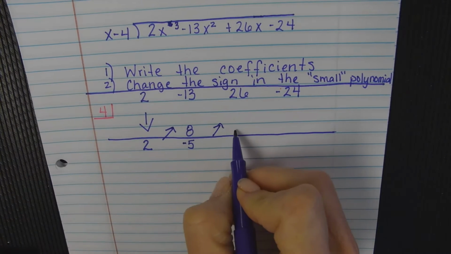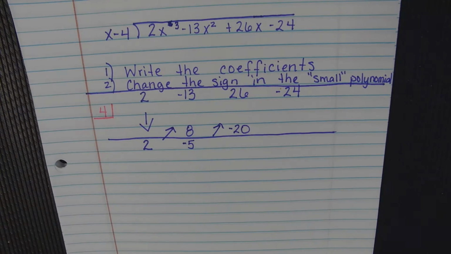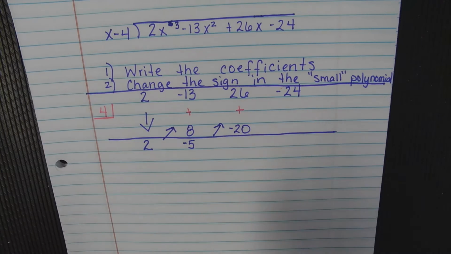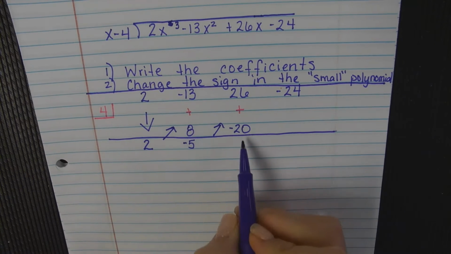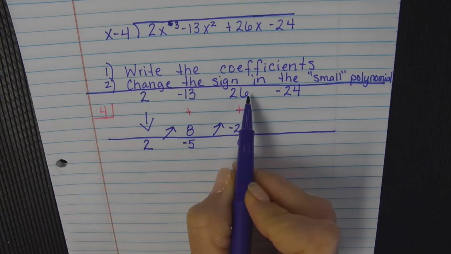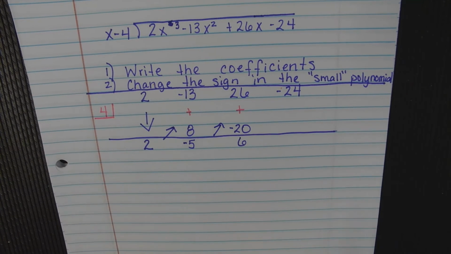There's my error. Yep. And if you want to write a plus sign here, okay. 26 plus negative 20 is positive 6. Yeah, I'm adding plus. Okay, real quick. 26 plus negative 20 is positive 6.